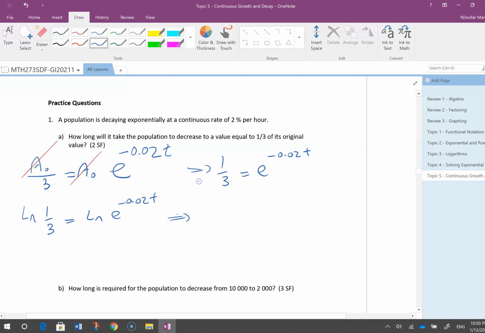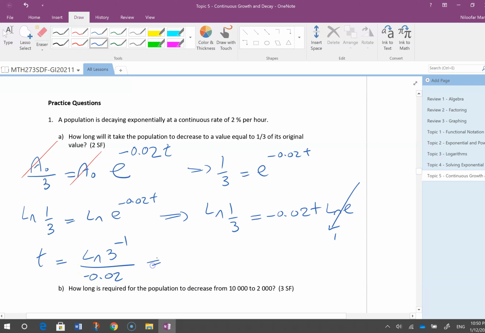Then I have ln of 1 over 3 equals this. ln e is 1, and t is ln 3 power minus 1 divided by this.